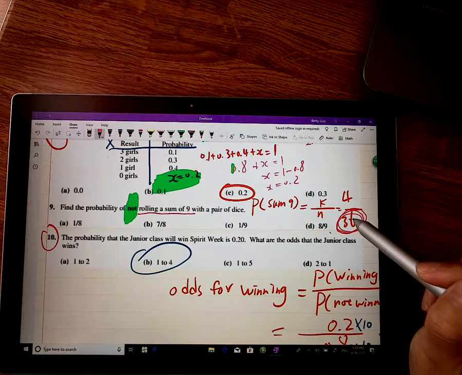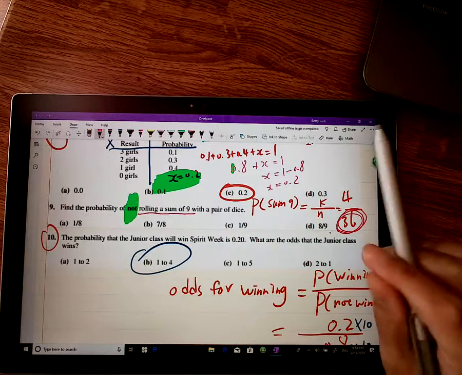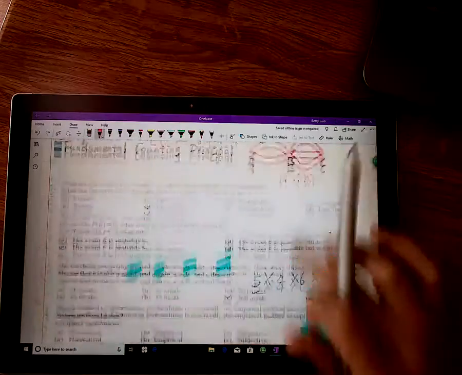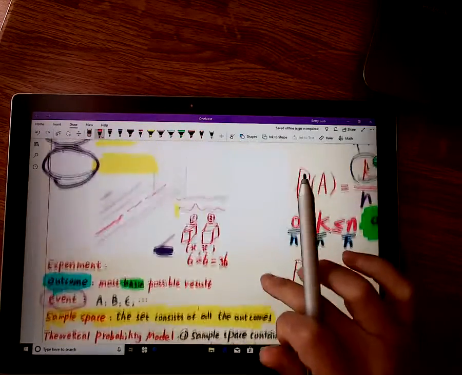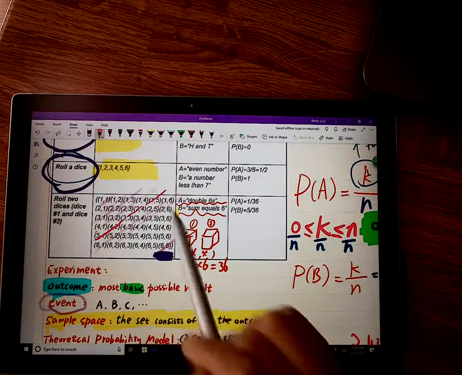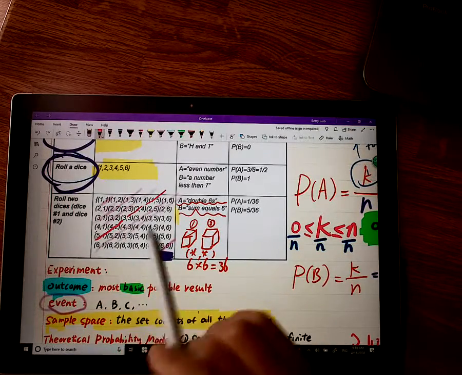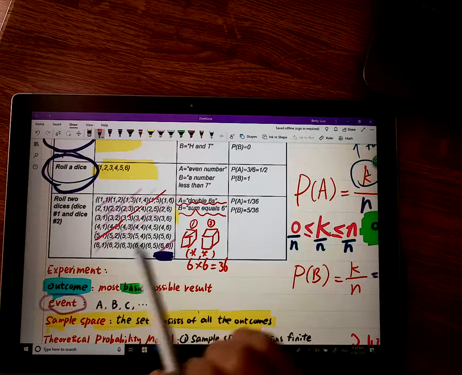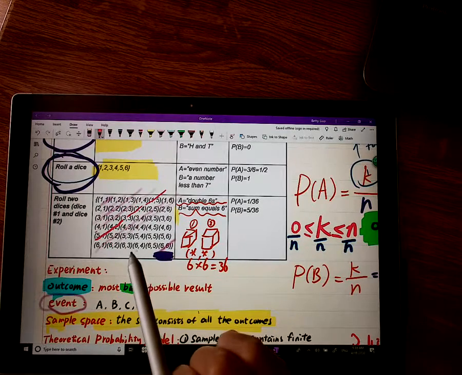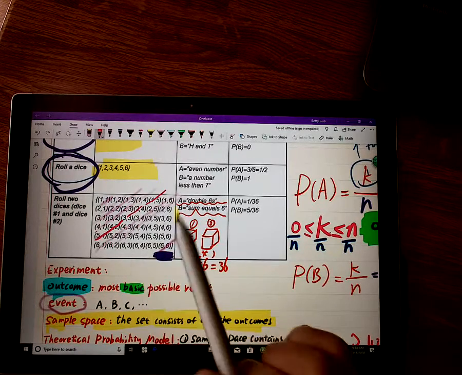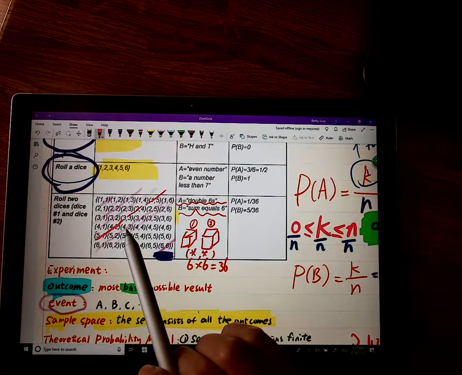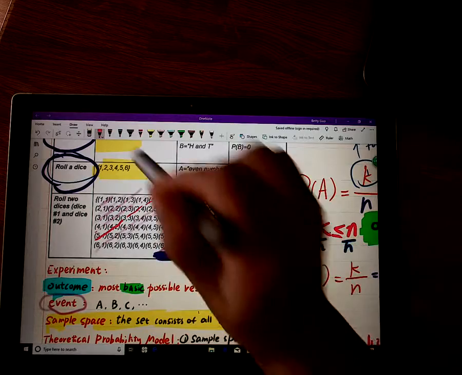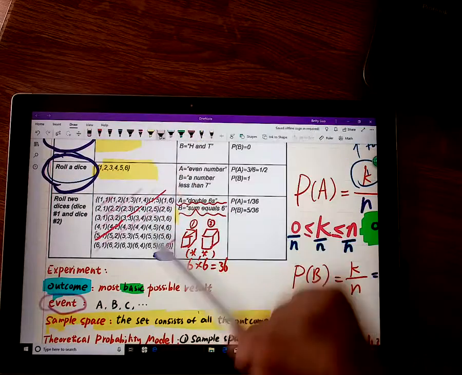Do you guys remember the table? Do I need to spend time to go back? This table, okay? This one. Rolling 2 dice. Those are 36 outcomes. They make the sample space. And we need to find the probability of getting a sum of 9.